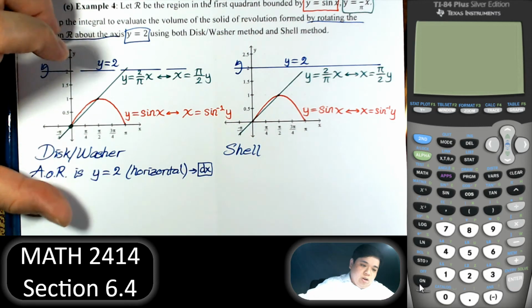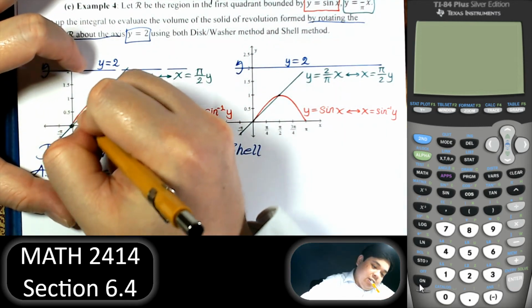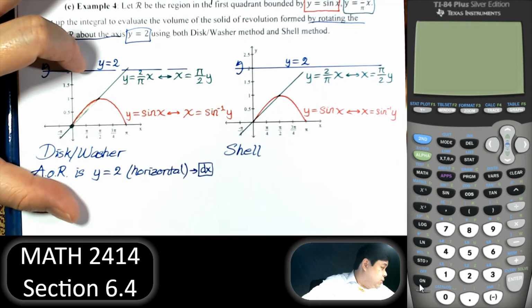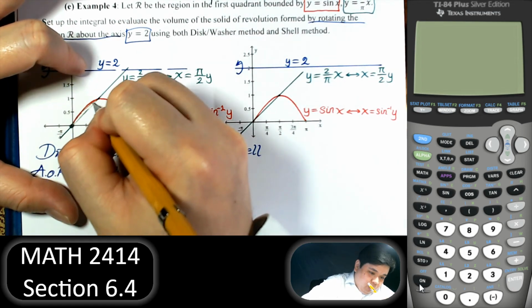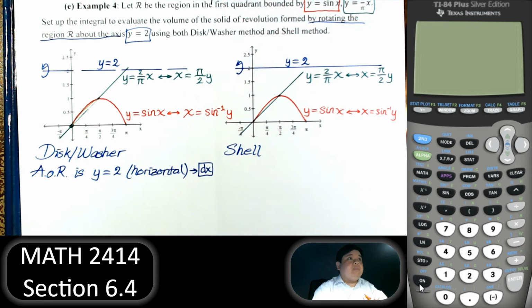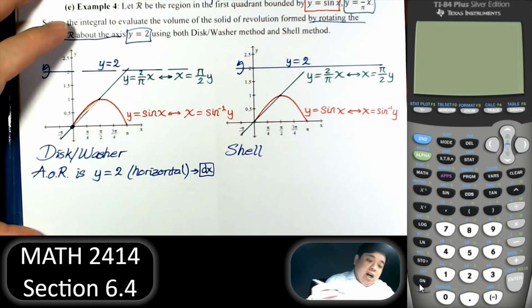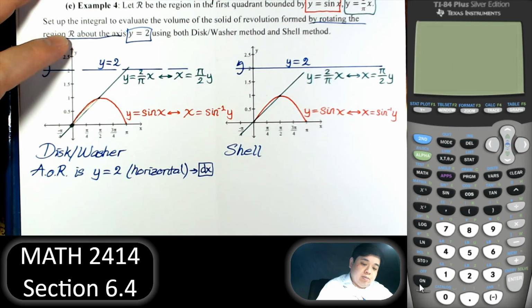Now, talk about this. Very small region here. Well, it's going to be tough when we do the shell method because that's too small. Anyway, worry about that later. Is this a disk or a washer method? All right.